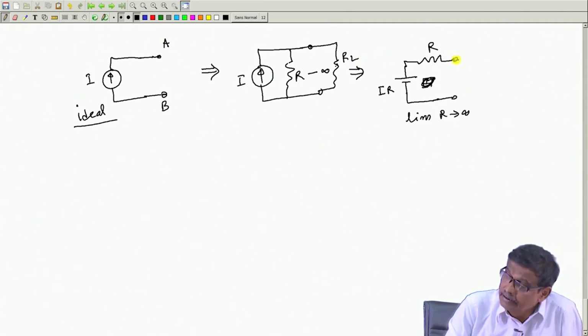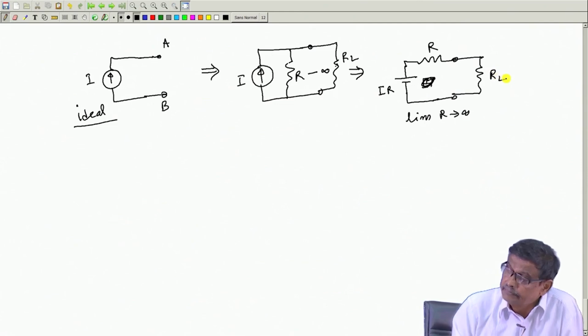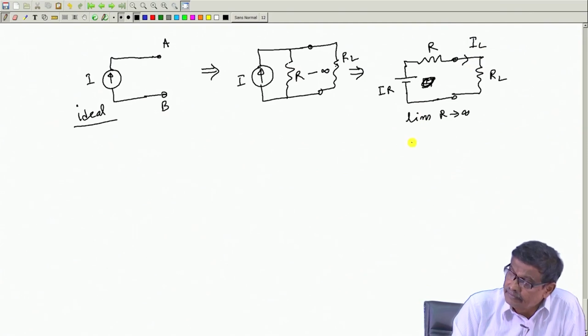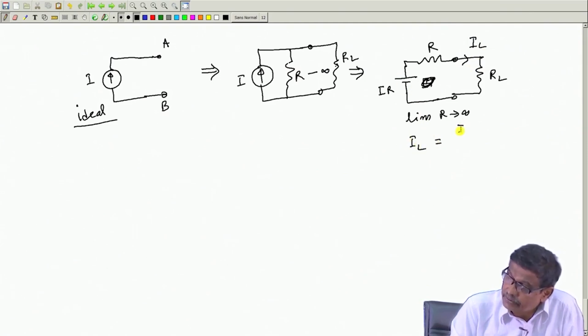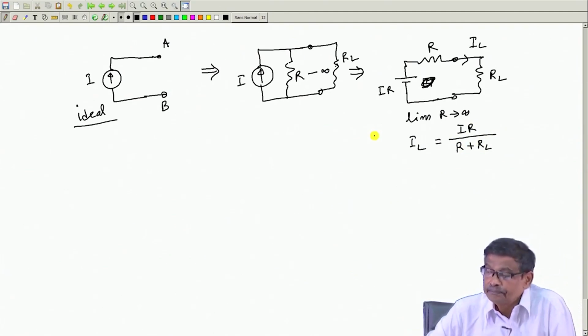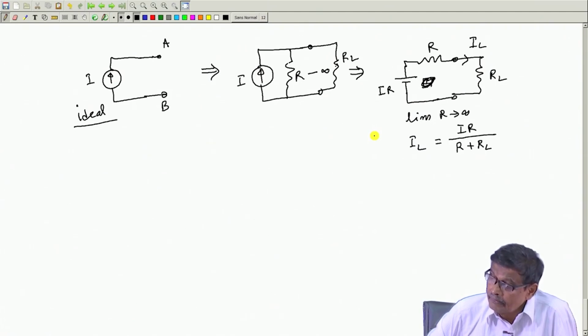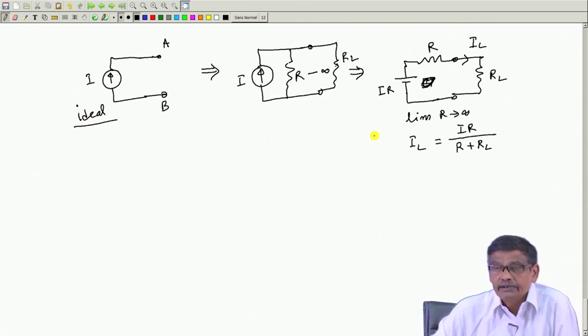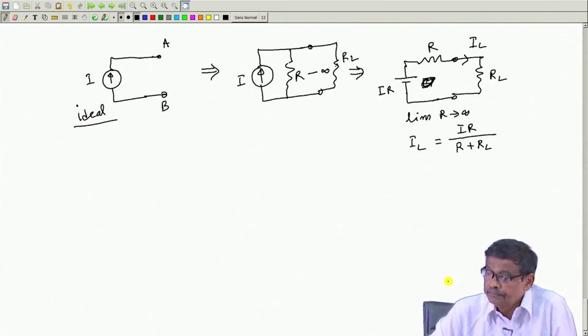So, RL you connect, then solve the circuit. What will be the load current IL? IL will be this EMF, which is I into R divided by R plus RL. This will be the current in this circuit. Is that clear? So, now you say R tends to infinity.